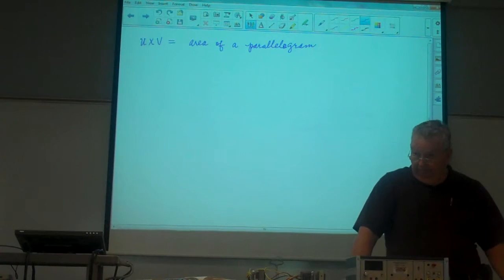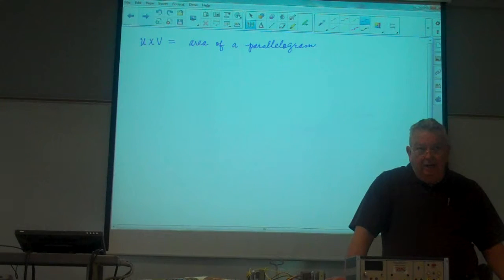Two sets of parallel lines. Is it like a square? Yeah, two sets of parallel lines. Very good. The four lines parallel to the length, and 1, 2, 3, 4 lines parallel to the width.